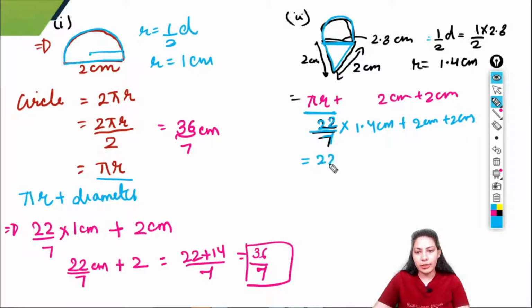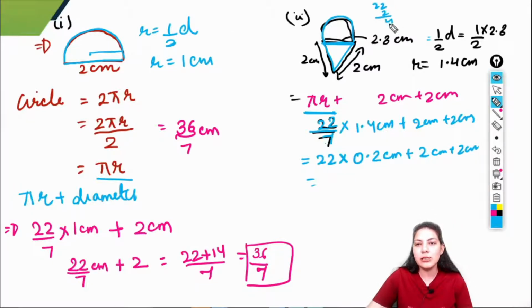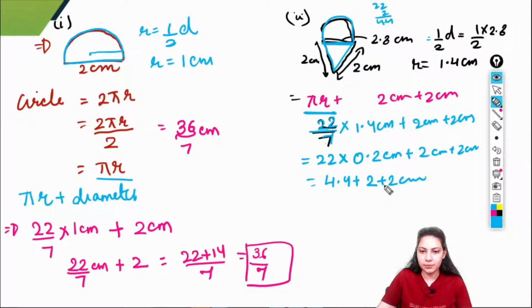It would be 22 into 0.2, since 7 2s are 14. So 22 into 0.2, let me solve over here only. 22 into 0.2 is 4.4. So 4.4 plus 2 plus 2.